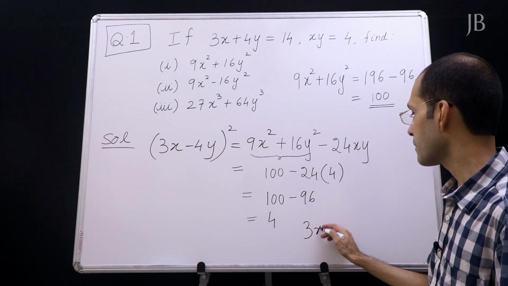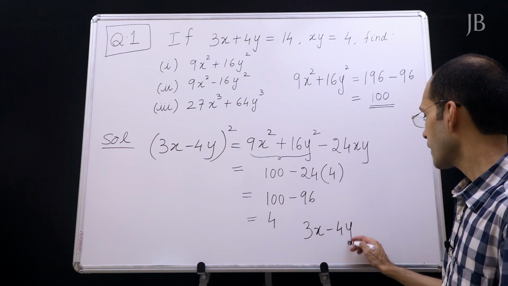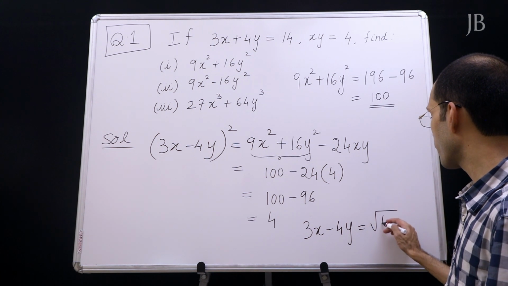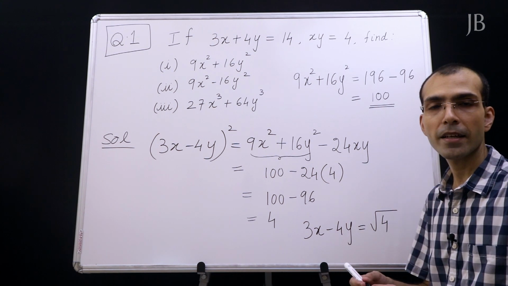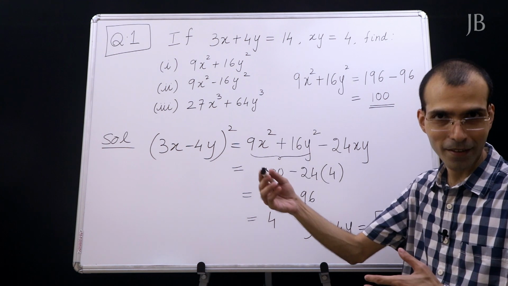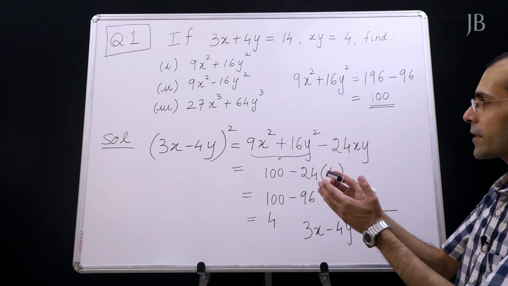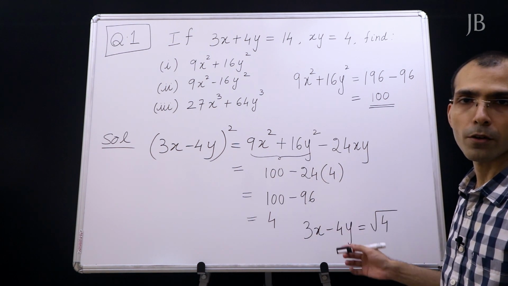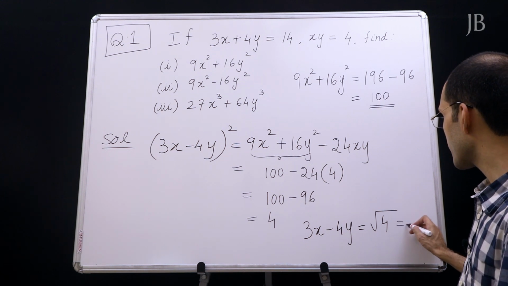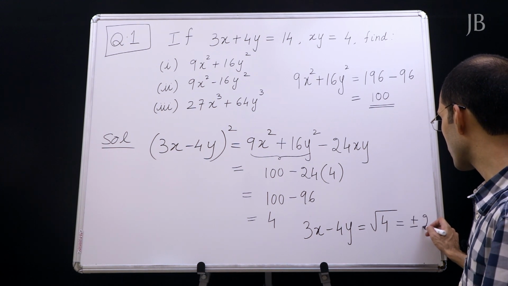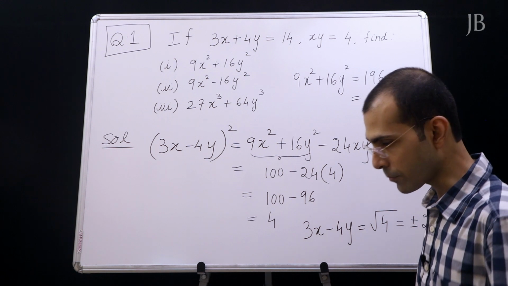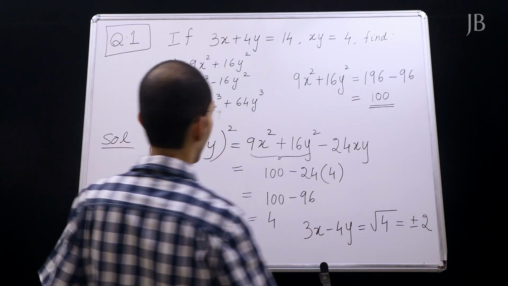So 3x minus 4y is square root of 4, which is plus or minus 2. Take care of this negative possibility also.